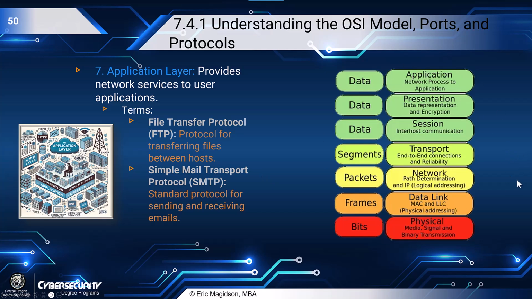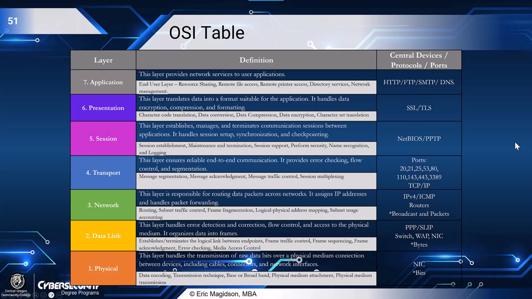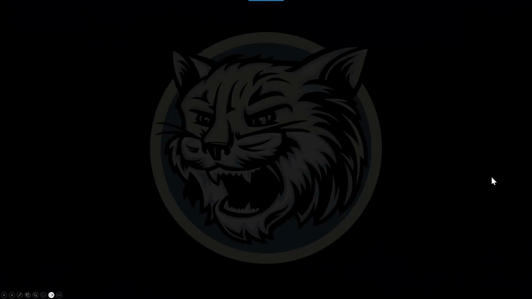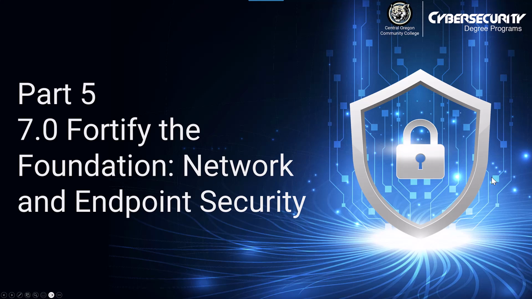Now, this doesn't do a really good job of explaining it, so I built this for you. I encourage you to pause this, read through this, maybe you even screenshot this. This will give you some more information as to what it does, what it supports at this level, as well as some ports and protocols, again, that you should be familiar with for the certification exam that I encourage you to take. So that's it for part 4.